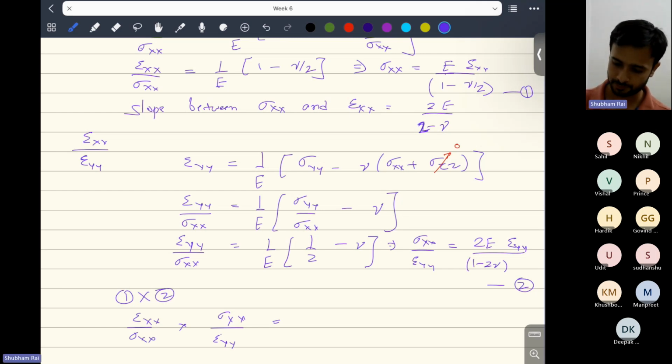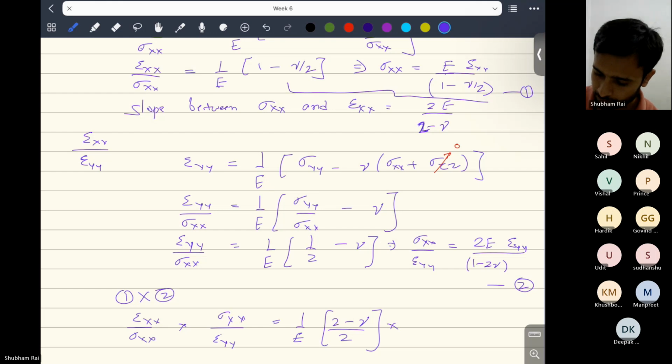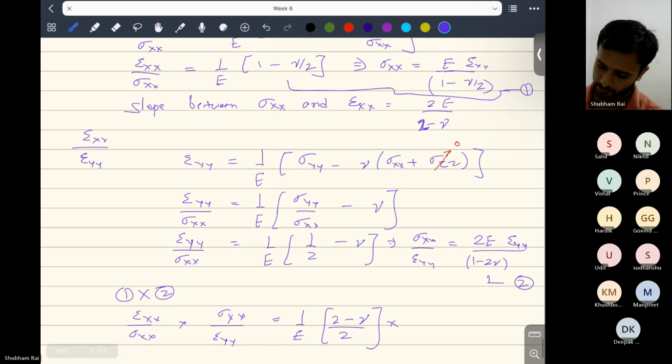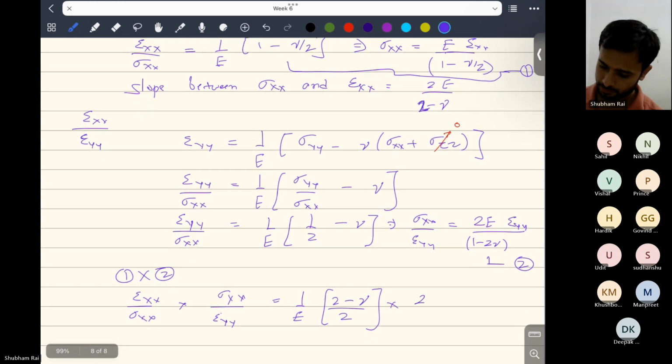You just put the value, so you get 1 over e. So this expression here, I'm putting sigma xx epsilon xx over sigma xx, so this will be 1 over e times 1 minus nu by 2. So that is 2 minus nu over 2, right? And then multiplied with, I'm using this expression here. Equation 1, I'm referring to this equation. Equation 2, I'm referring to this equation. Okay. If you multiply it, you get 2e over 1 minus 2 nu.